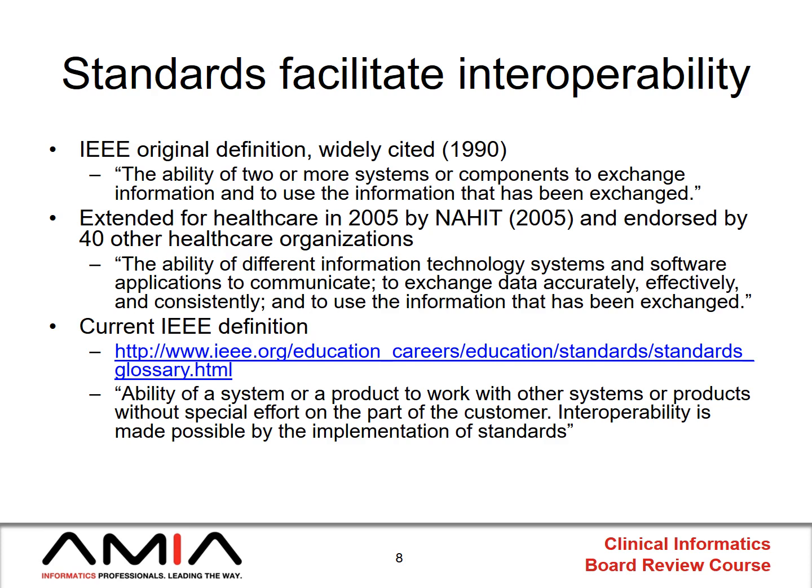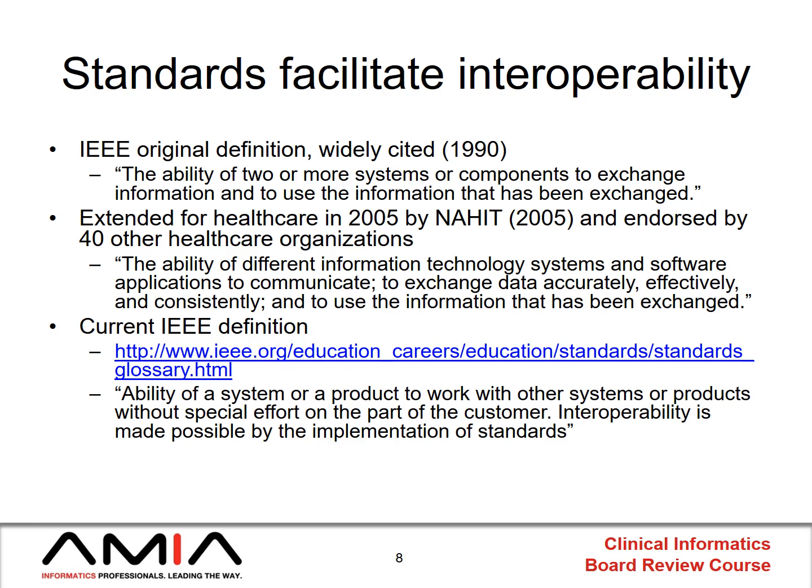This definition was extended for healthcare by a now defunct organization called the National Association for Health Information Technology, and this statement was endorsed by 40 other major healthcare organizations. Interoperability in health IT was defined as the ability of different information technology systems and software applications to communicate, to exchange data accurately, effectively, and consistently, and to use the information that has been exchanged.